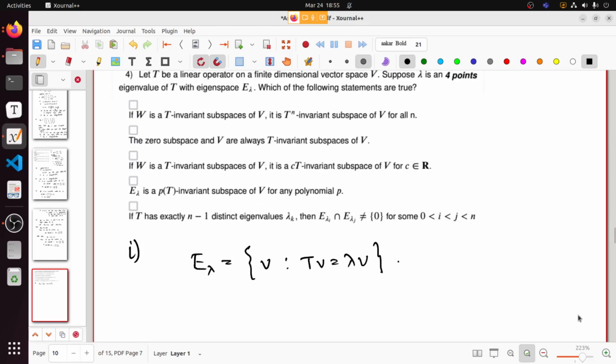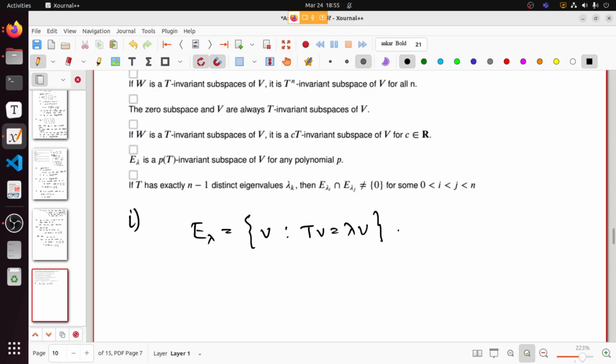So what is an invariant subspace? Given that W is a T invariant subspace.